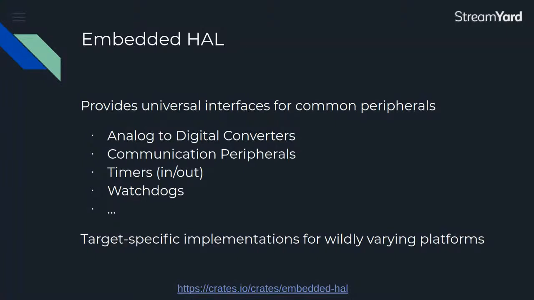But it is only a set of interfaces. So these interfaces can be used by drivers, and targets, whatever they may be, can implement Embedded Hall. And that means that the target for which an implementation of Embedded Hall exists can use any driver that has been developed for Embedded Hall.